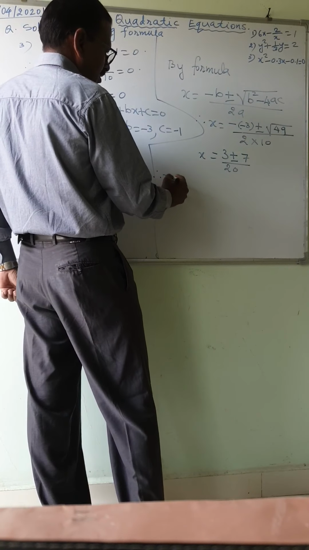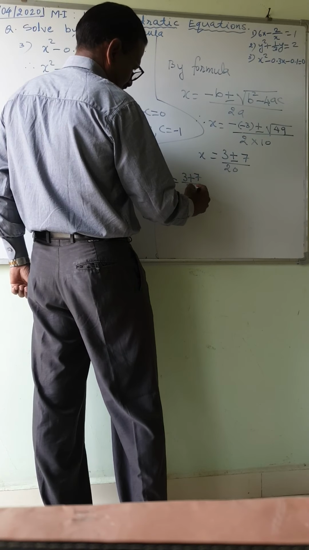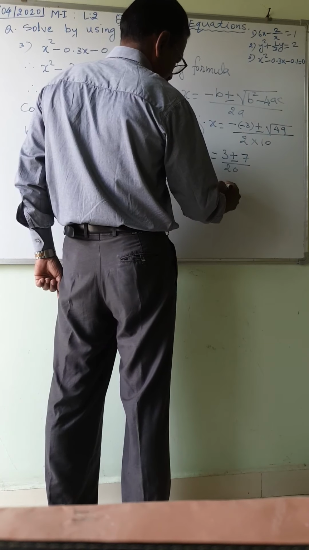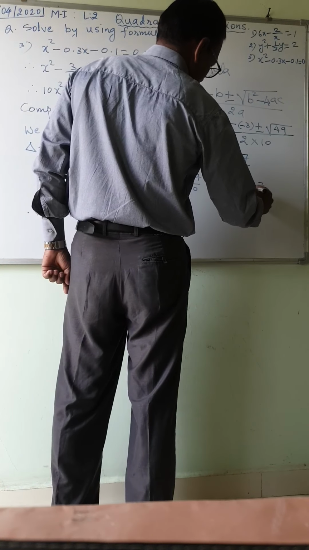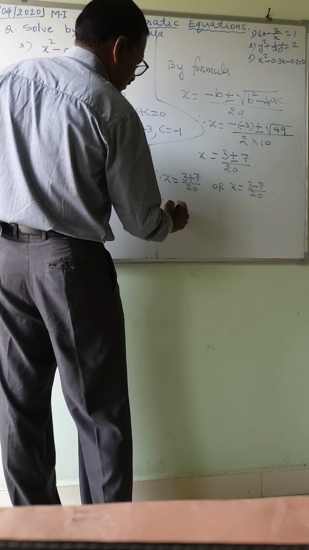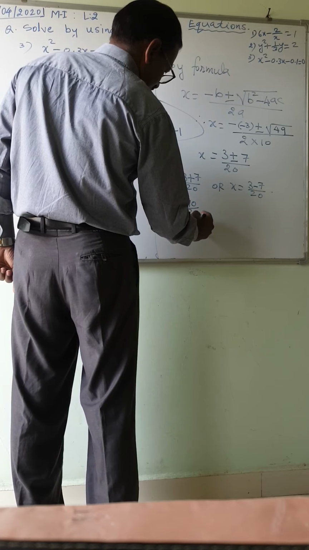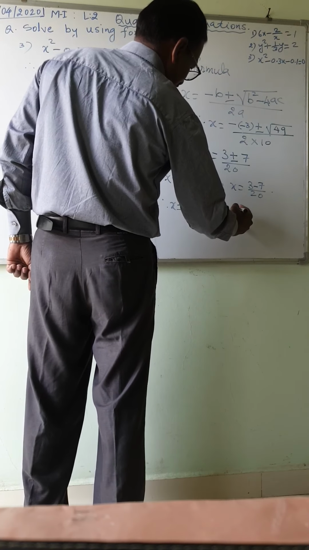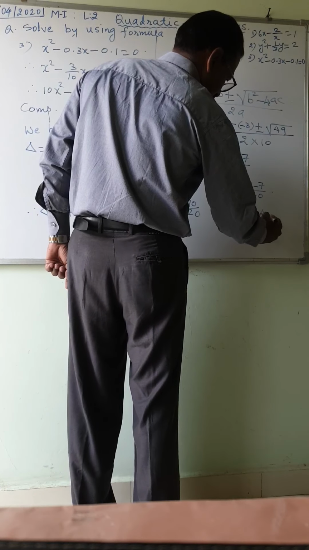Therefore x is equal to 3 plus 7 upon 20, or x is equal to 3 minus 7 upon 20. Therefore x is equal to 10 upon 20, or x is equal to minus 4 upon 20.